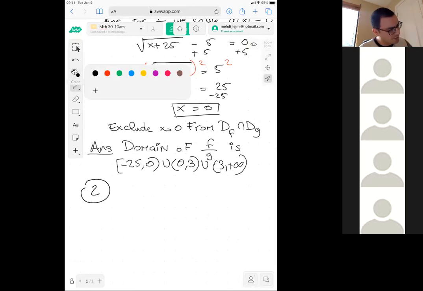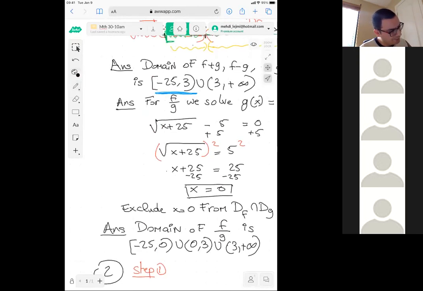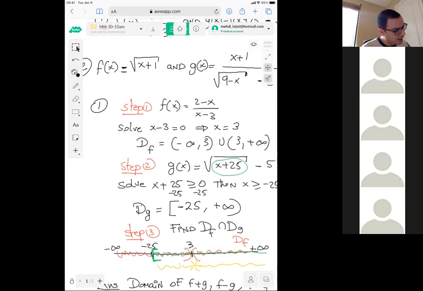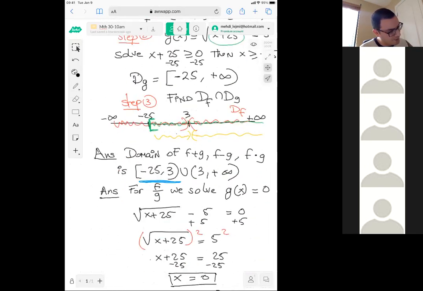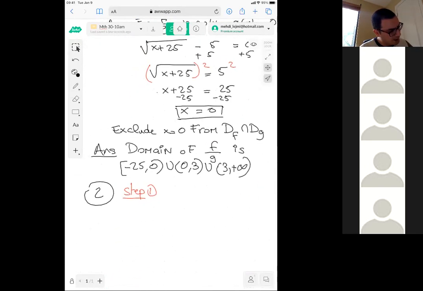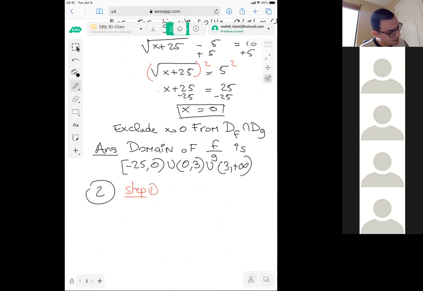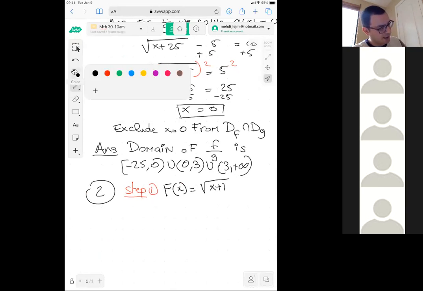So as usual, step 1. Where's your F? In number 2, F is square root of x plus 1. So F of x is square root of x plus 1. We have a square root, so we have to solve the expression under the square root.